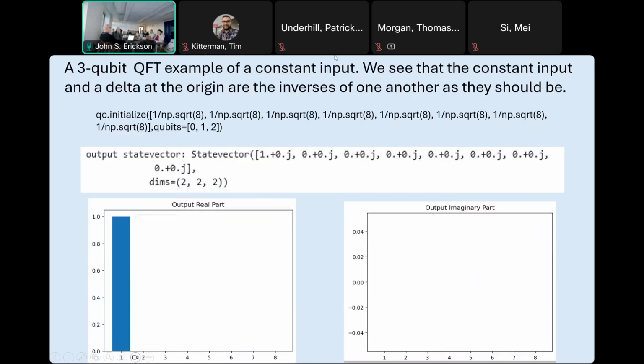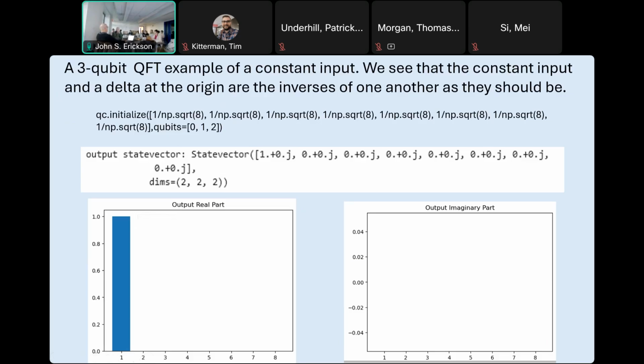And then here, this one, we're putting in a flat one, and I had to normalize the input for this one to make sure that all 8 of these squared and added up to 1. So you have this square root of 8 in the denominator each time. And so the flat input produces a spike on the output. And I'm showing you the real and the imaginary part here. The point is we talk a lot about real valued functions.